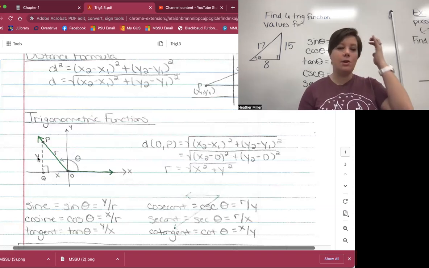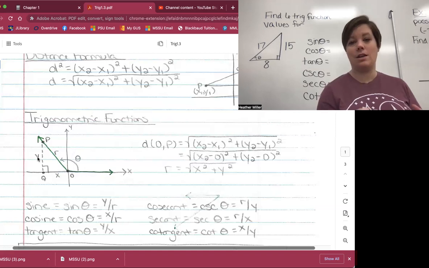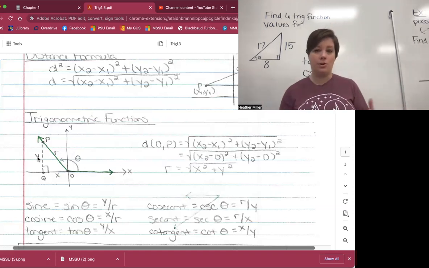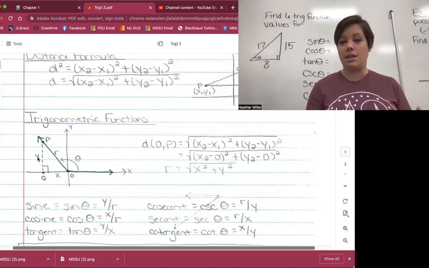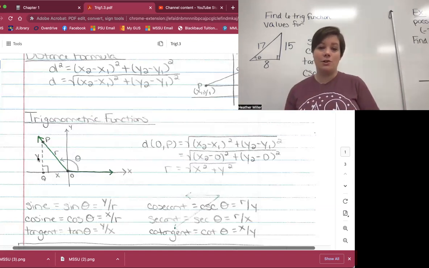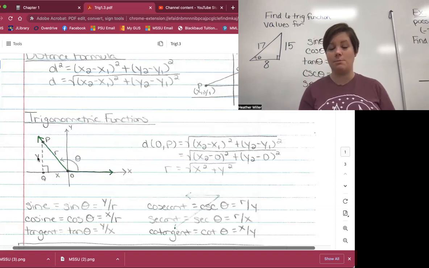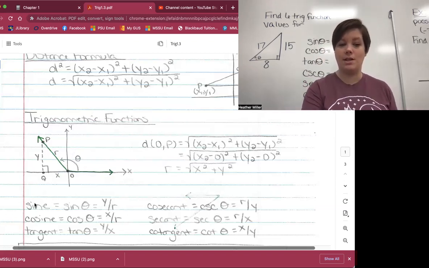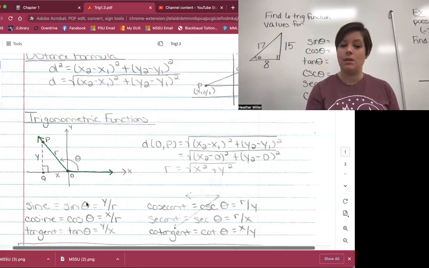Okay. So when we talk about trigonometric functions, there are 6 basic trigonometric functions. There's sine, cosine, and tangent, and maybe you've heard of those, maybe you haven't, but those are the 3 big ones that we like to think about. And then their inverse trigonometric functions are cosecant, secant, and cotangent. Below this picture, we have sine, which is written S-I-N-E, but we shorten it to S-I-N with our theta.